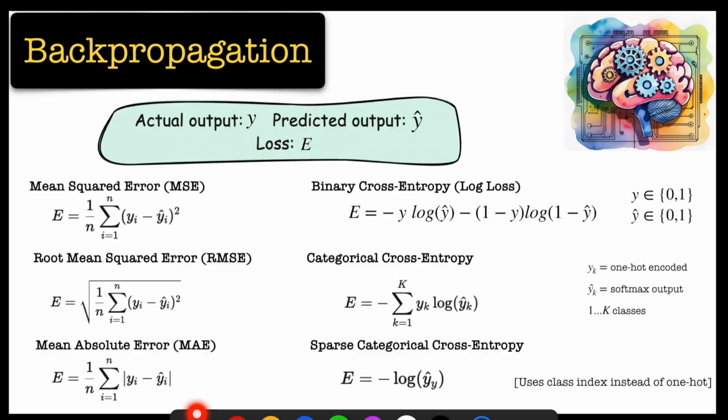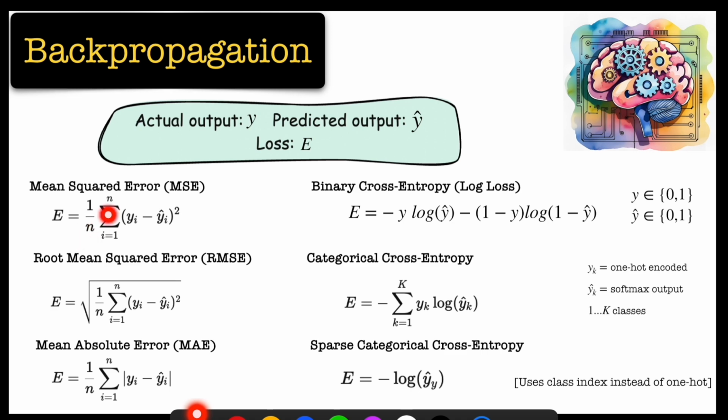We have several loss functions. We have seen lots of different types of problems, starting with linear regression, logistic regression, and multi-class classification. Consider the actual output is y and the predicted output is y hat, and this loss E we will calculate here. First one is mean squared error, mostly used in regression problems.